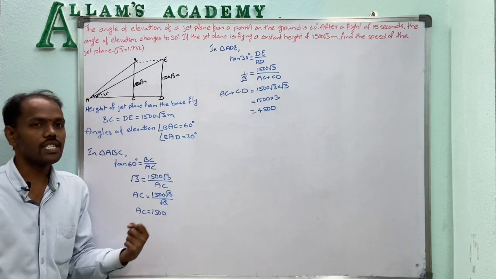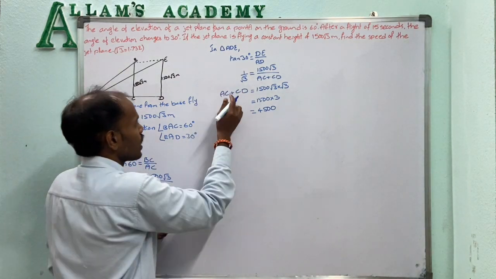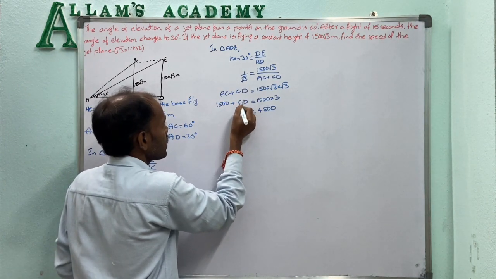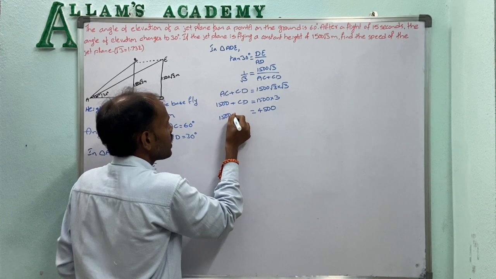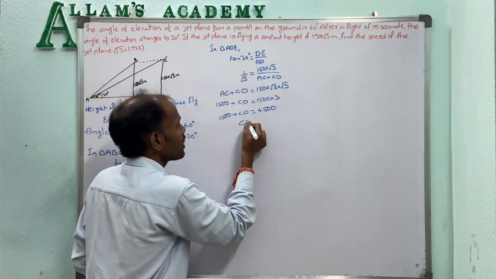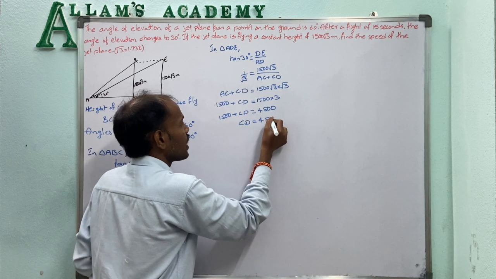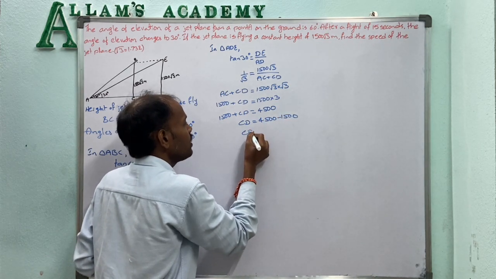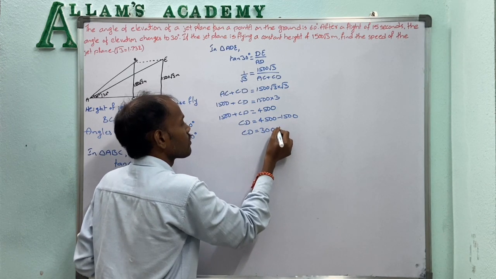AC value is 1500, we know. So substituting that here, 1500 plus CD equals 4500. Transferring 1500 to the other side, minus 1500. So 4500 minus 1500 is nothing but 3000.